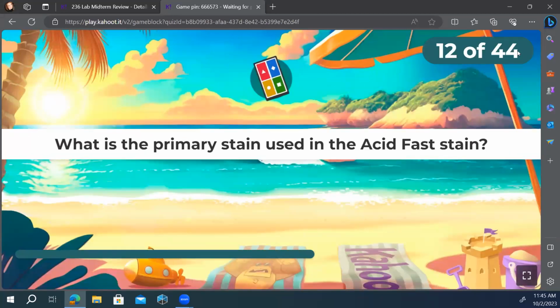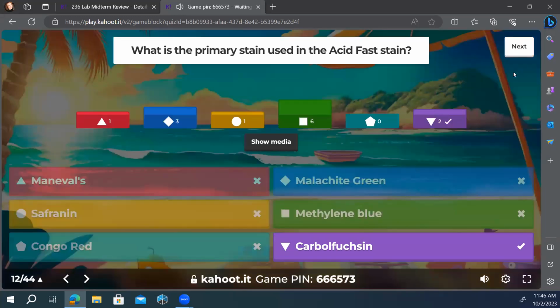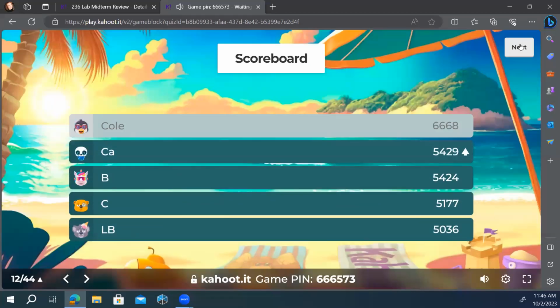All right, what is the primary stain used in the acid fast stain? So our primary stain is the one that is used first, typically. This is the carbolfuchsin in the case of the acid fast, and it will allow it to bind to the waxy mycolic acid.